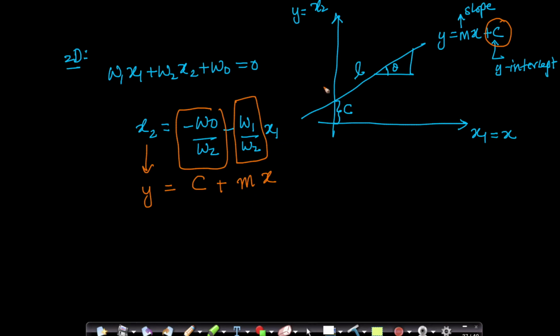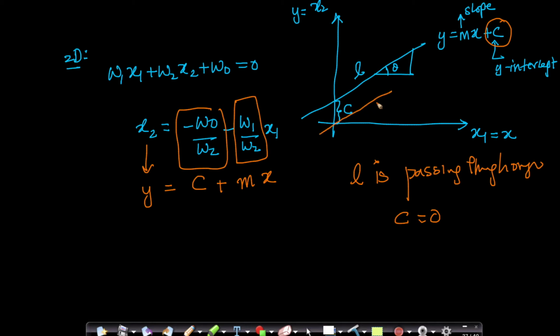Now, if a line is passing through origin, okay? So if this line L dash is passing through origin, what happens to C? C becomes 0, right? Because imagine we had a line which was passing through origin. What is its y-intercept? 0, right?